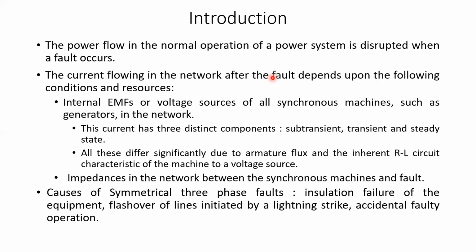All this differs significantly because of the effect of the armature flux and the inherent RL circuit characteristics of the machines to a voltage source. So these currents depend upon the value of the internal impedance of the voltage sources, the line parameters, and maybe some other factors.